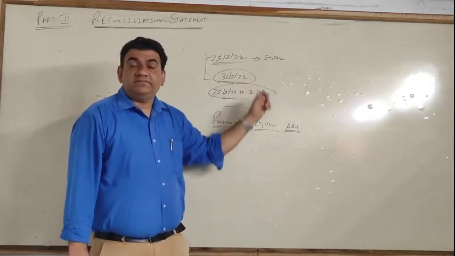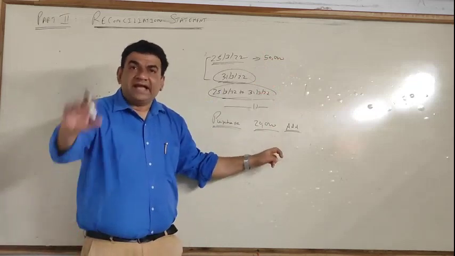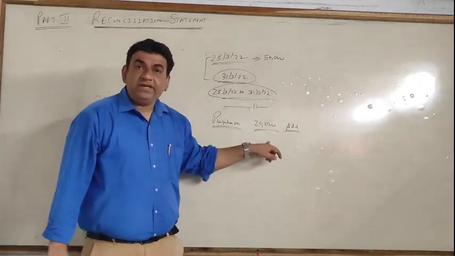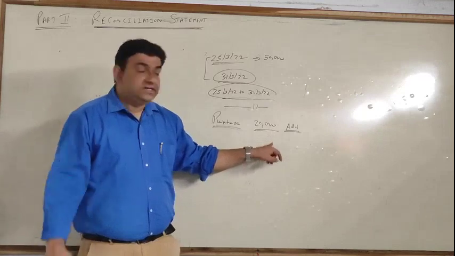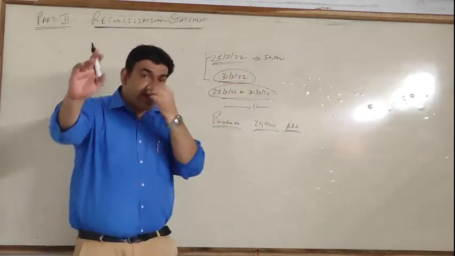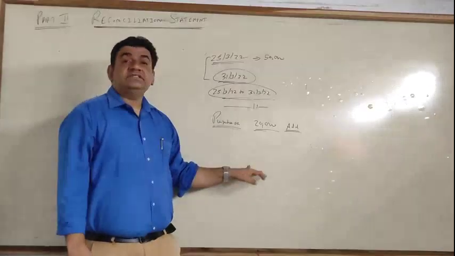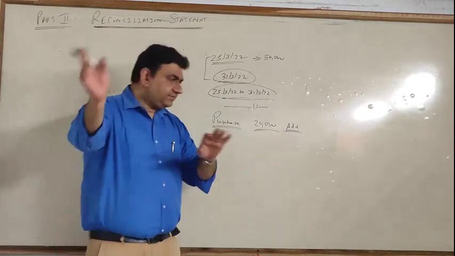So 50 plus 20, my stock becomes 70,000. Had you taken the stock on 31st March, this 20 would have been included, na? Because you are taking the physical counting on 31st March. But I took the stock on 25th March. So 25th to 31st, whatever is the purchase, I will add it. Clear? Next thing.